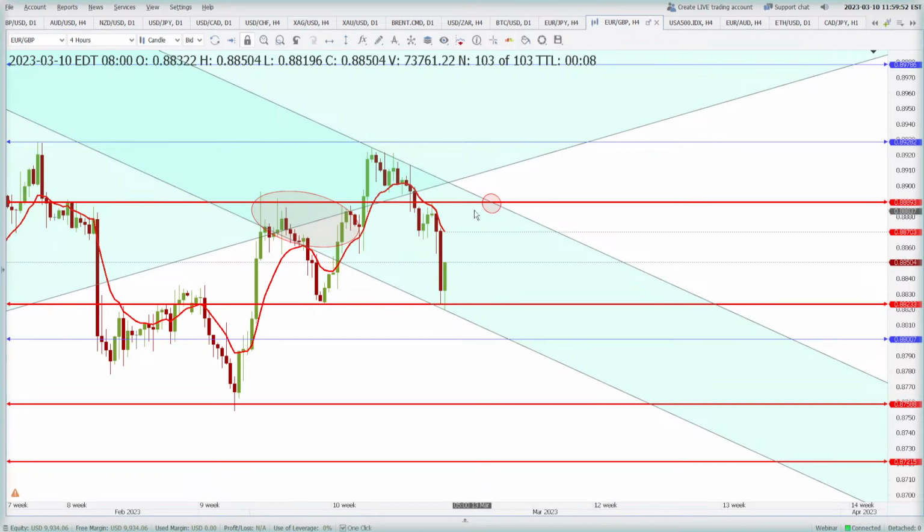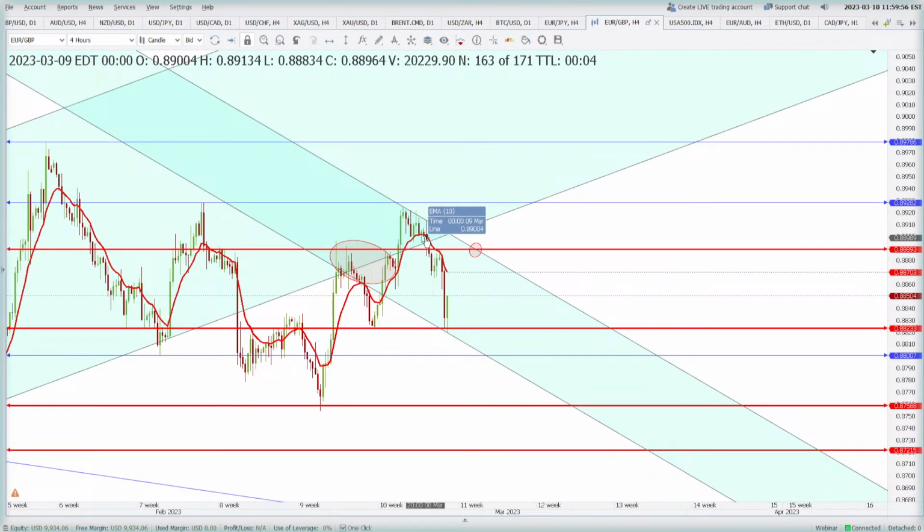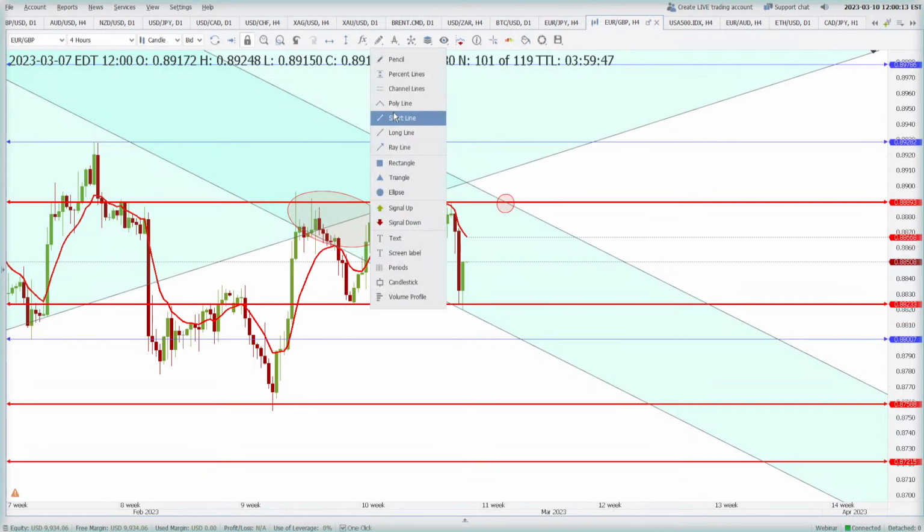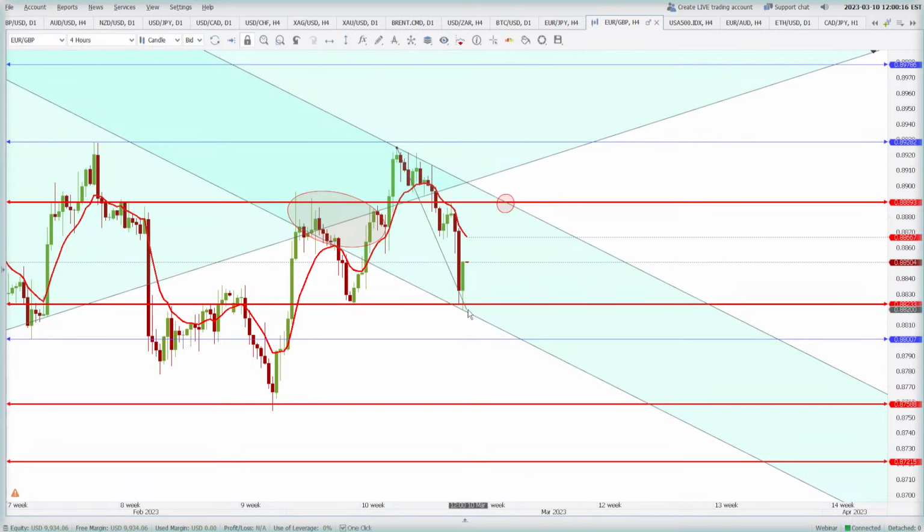But if it breaks higher than this, the market will have to break higher than this also to make sure that the market structure is intact in the uptrend direction. Just now in the last 4 hours, the price has broken this market structure, this one. So it will be looking for making a lower high now, something like this. I hope that satisfies you.